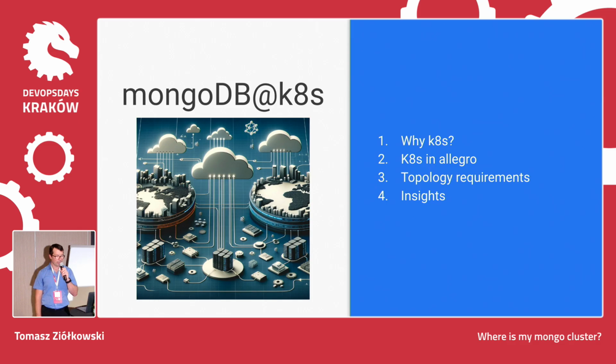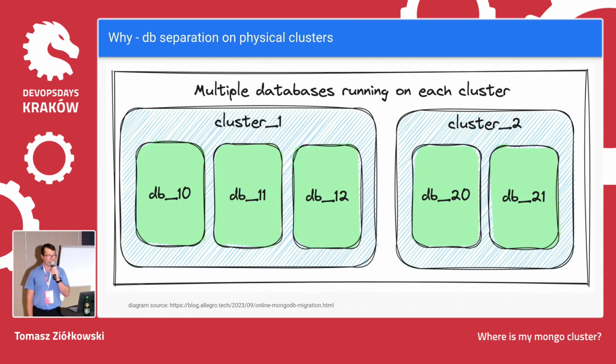Okay, so we know why Mongo is popular and what kinds of clusters we have. So let's take a look at why we decided to shift such clusters to Kubernetes. Historically, the clusters were deployed on bare metal machines, and on each cluster we have a few databases.